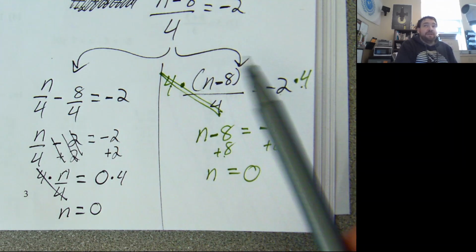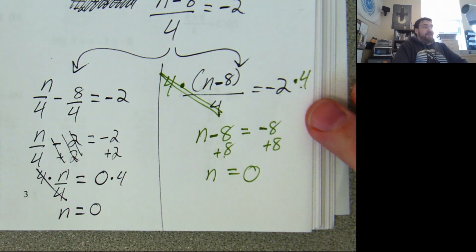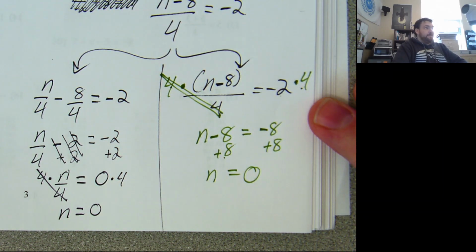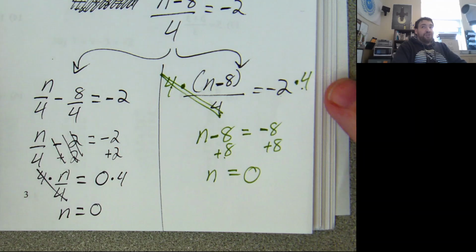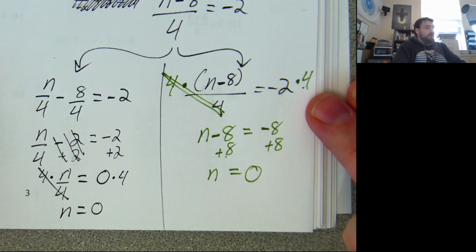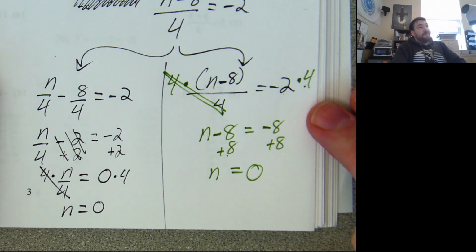These are two methods, and first of all, any questions about either method? I don't care which one you choose to use. Whichever one you are more comfortable with, that is the one you should use. In math, there's always a trade-off between elegance and hard work.